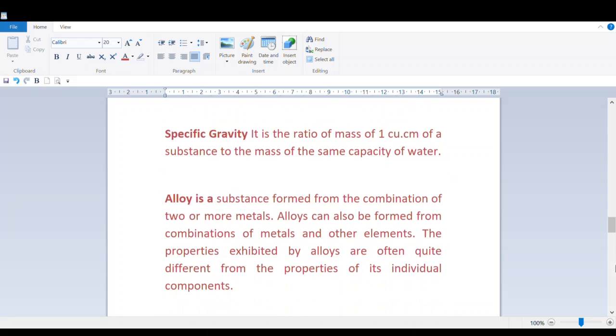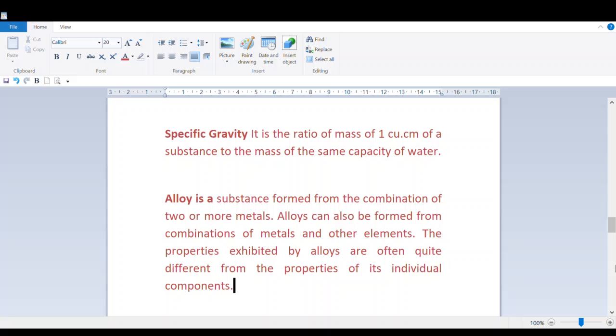Specific gravity. What is specific gravity? Specific gravity is the ratio of the mass of 1 cubic centimeter of a substance to the mass of the same capacity of water. You take 1 cubic centimeter volume of some substance, and that is divided by the mass of the same capacity of water.